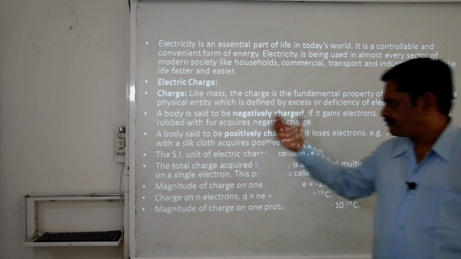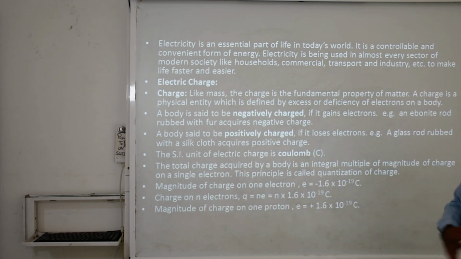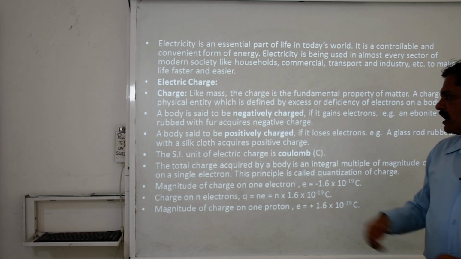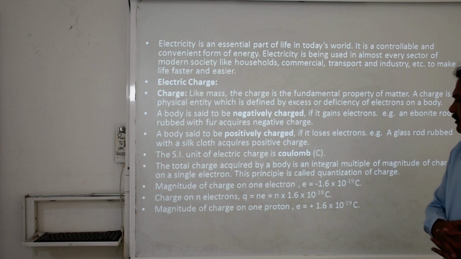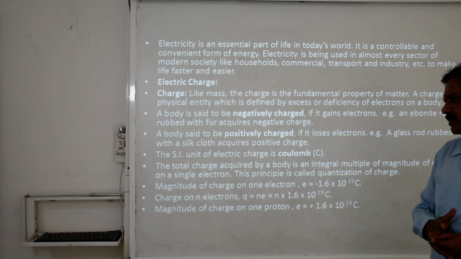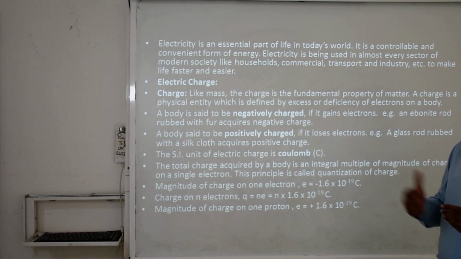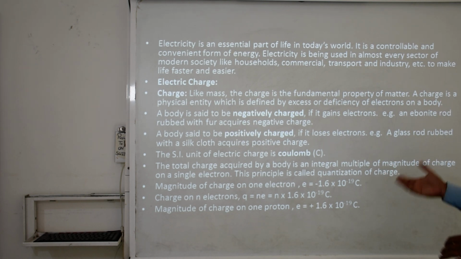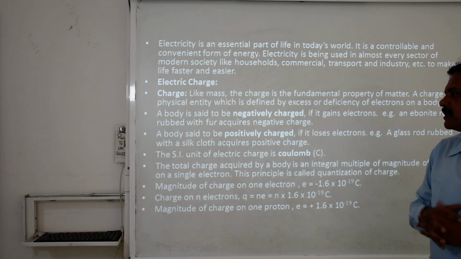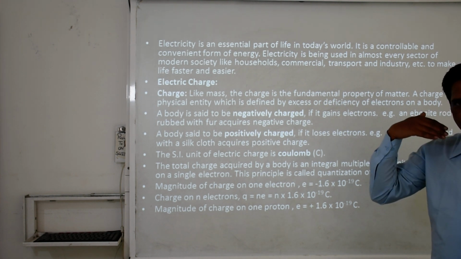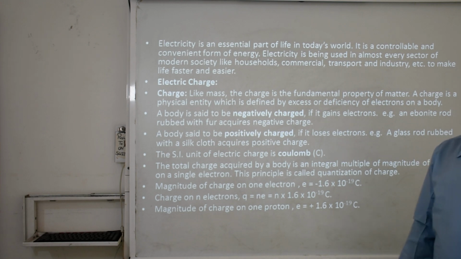Now, the total charge acquired by a body is an integral multiple of the magnitude of the charge on a single electron. This principle is called the quantization of charges. Clear? That means whatever the number of electrons gained by this particle, the magnitude is just a multiple of the electron charge.